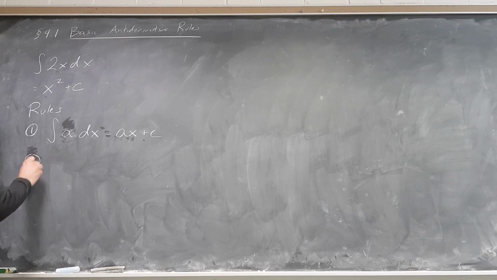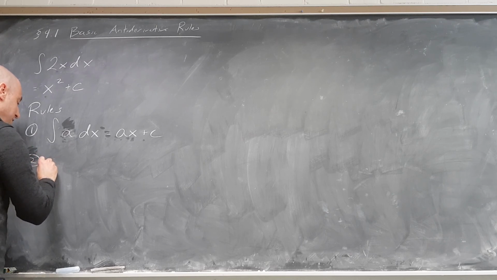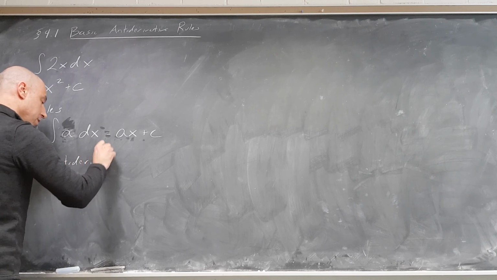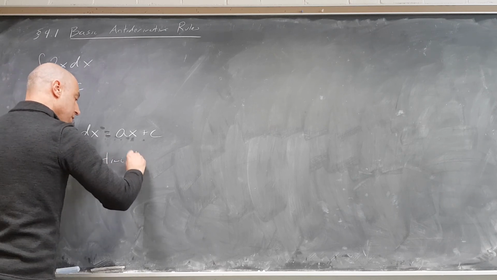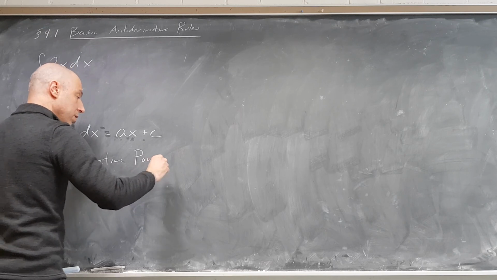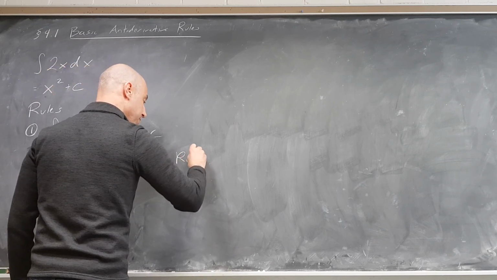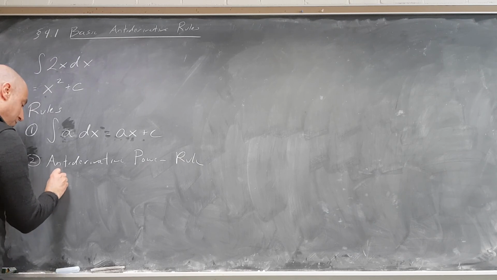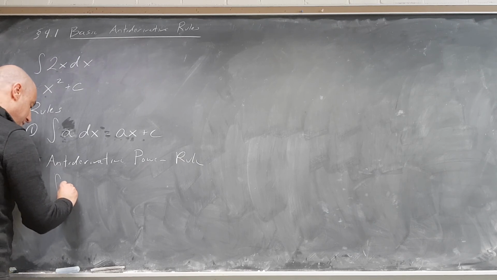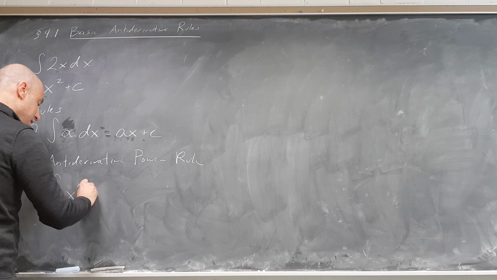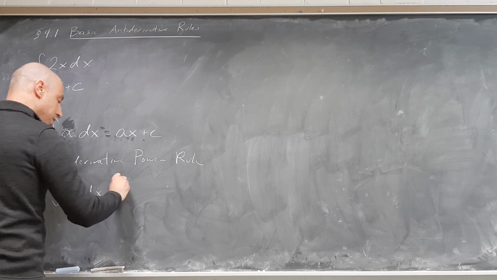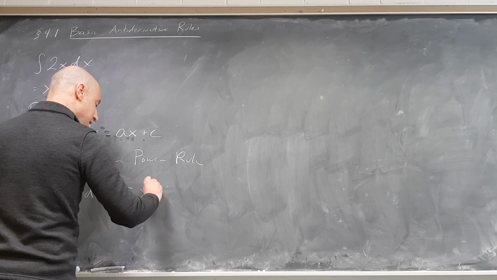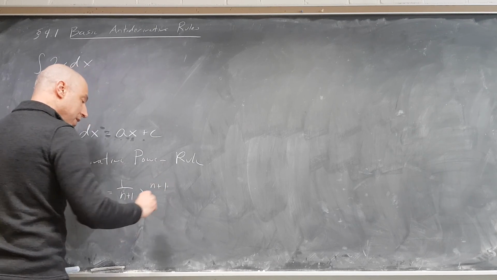Let's talk about what's called the antiderivative power rule. The antiderivative of x to the n is 1 over n plus 1 x to the n plus 1 plus a constant.